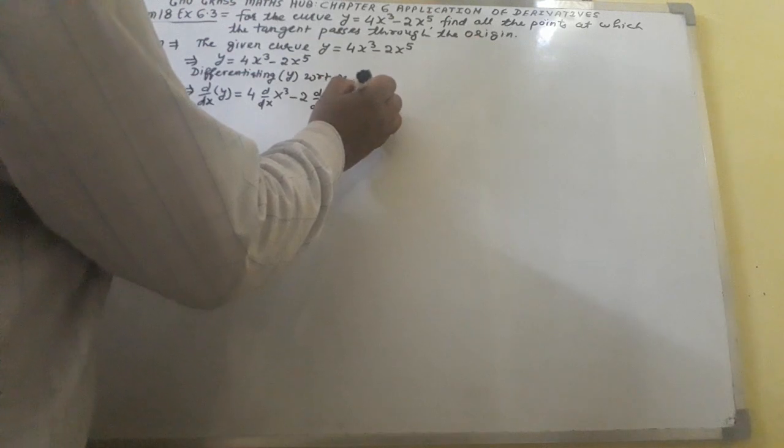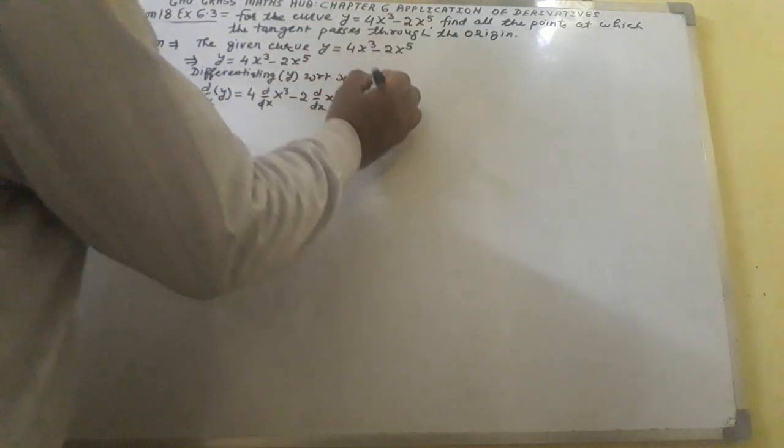Here you can see in the left side function y is available, so it will be dy over dx.